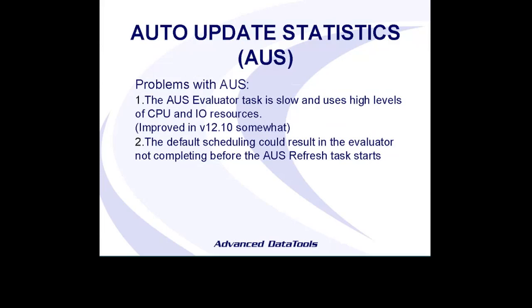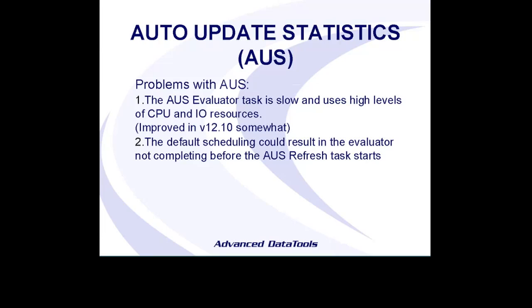By default, the refresh task starts an hour after the evaluator task. So it may be that the refresh task will kick off before the evaluator is finished and will only process some of your tables because the list of procedures or steps that it has to go through will not have been completed when it starts up. So you need to be careful about that if you have a large number of tables to make sure that you check the scheduling of the two tasks.